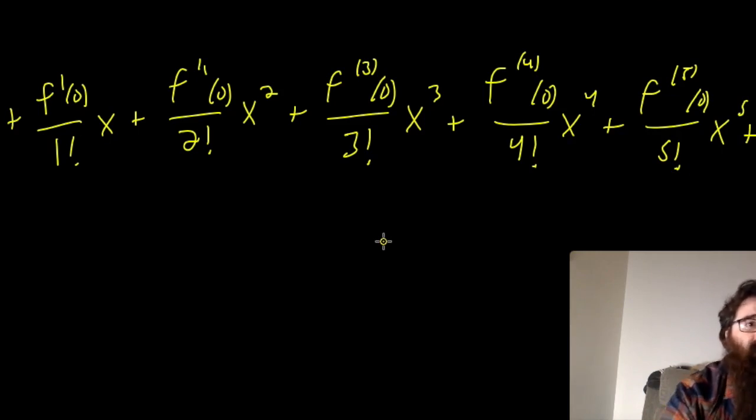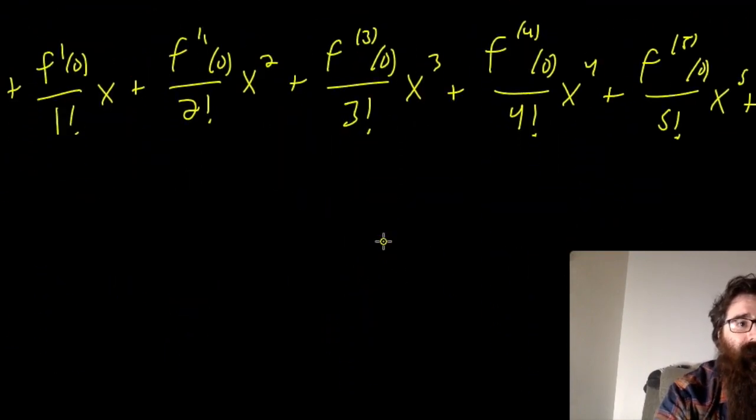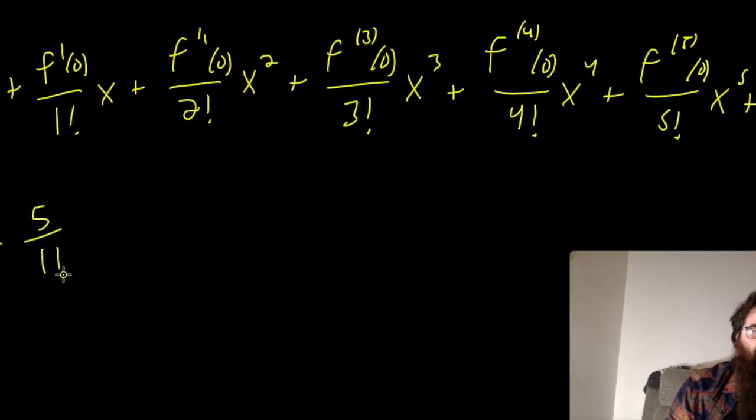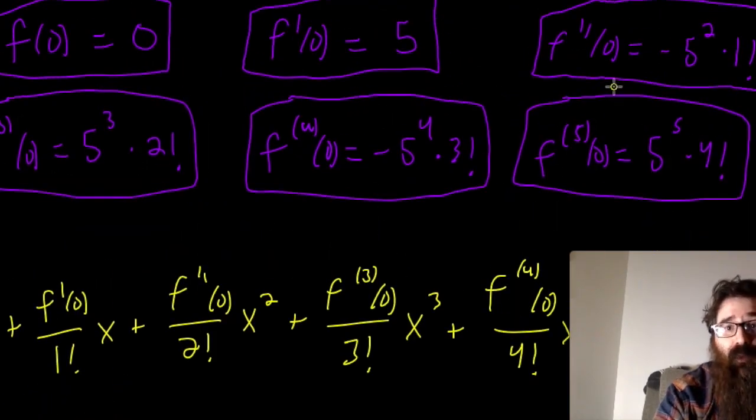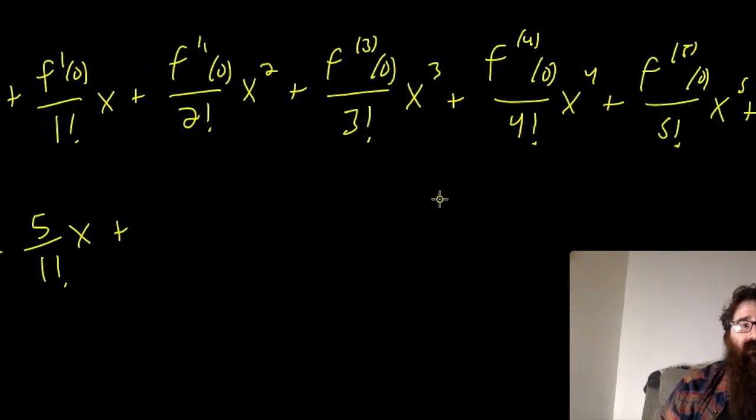So let's see what we said. We said f at 0 was 0, plus f prime at 0 was 5 over 1 factorial x, plus f double prime at 0 was a negative 5 squared times 1 factorial. So negative 5 squared times 1 factorial.